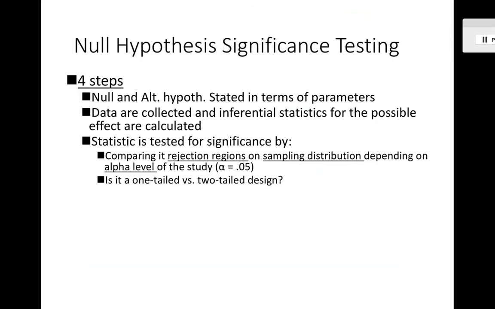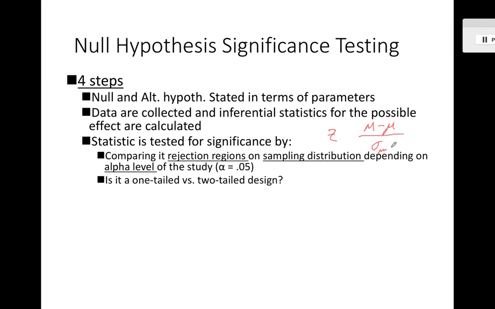So again, we're here in step number 3, where we test my statistic for significance. In our particular case, what statistic am I talking about? I'm talking about the z statistic that I calculated for this example. So remember, I'm calculating the average for my group minus the population average, divided by our standard error.